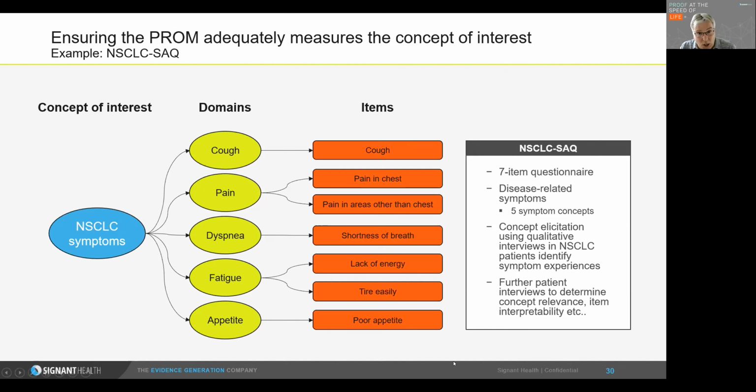So going back from identifying meaningful aspects of health, linking that to concepts of interest, and then determining whether there are instruments out there that measure those concepts of interest is really one of the key things about selecting an appropriate COA instrument.